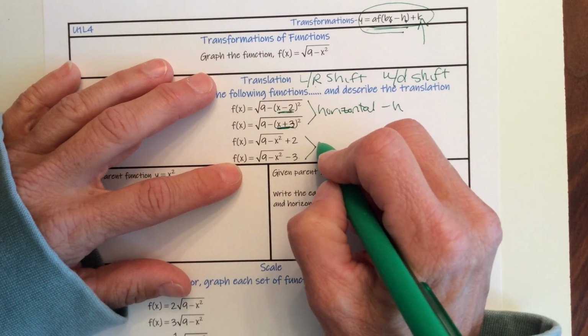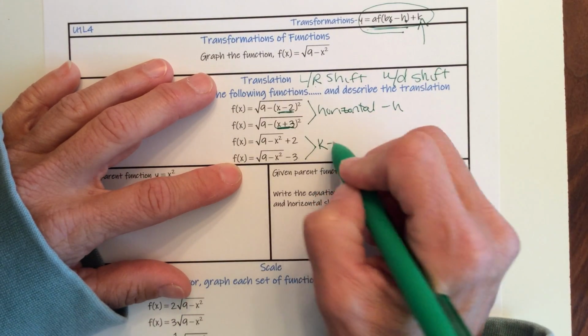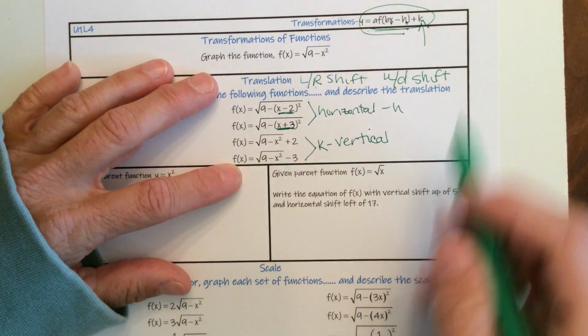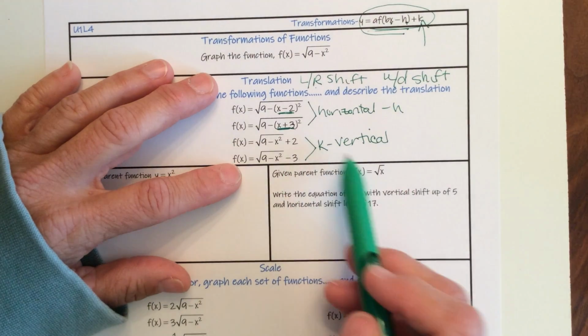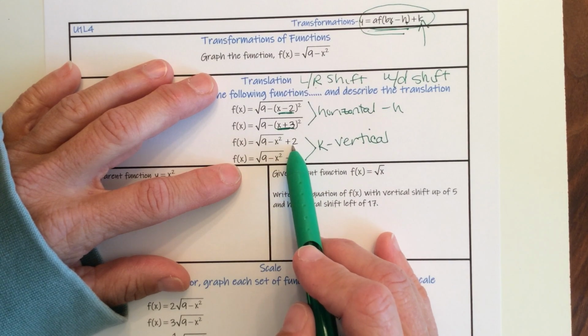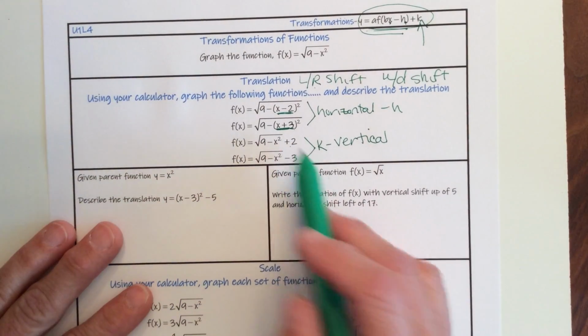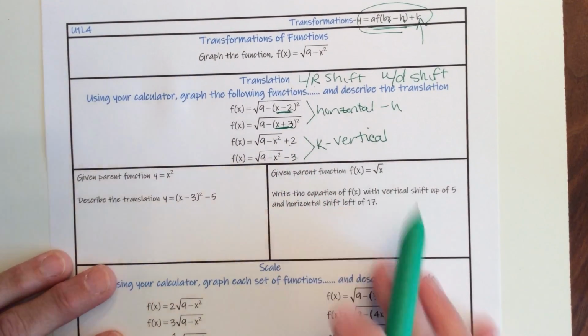The k gives us a vertical shift, that up or down shift. This k value shifts the graph exactly as you think it should. So this was shifted up 2, this was shifted down 3.